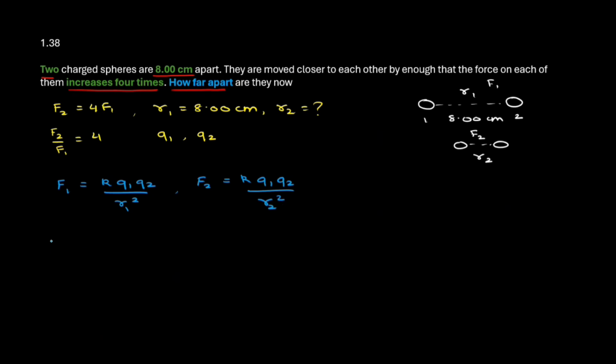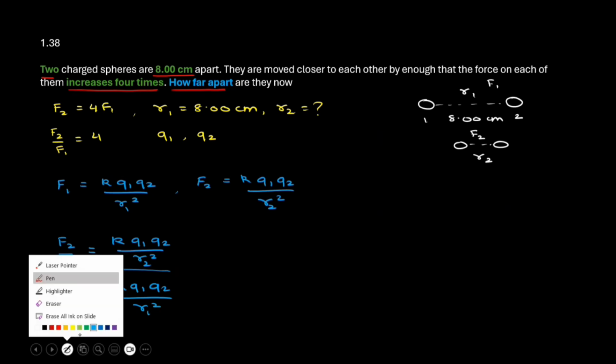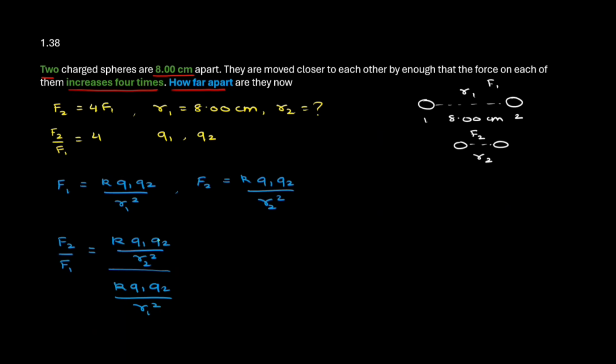Let's take a ratio of these two forces. F2 over F1 equals K Q1 Q2 over R2 squared, upon, for F1, K Q1 Q2 over R1 squared. Now we can cancel off the common terms. K Q1 Q2 is the same for both, so we can just cancel this off.